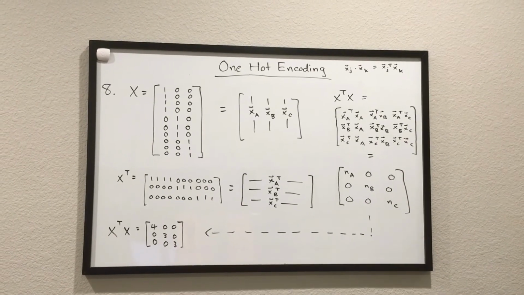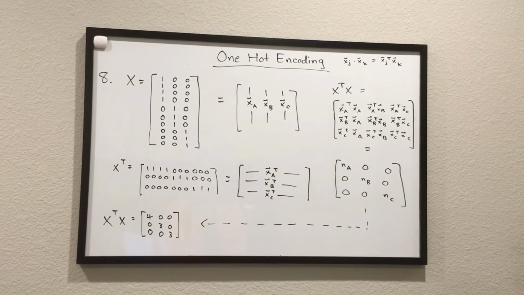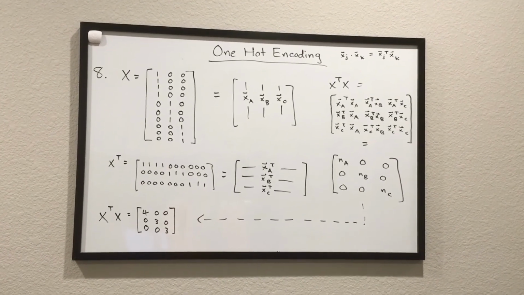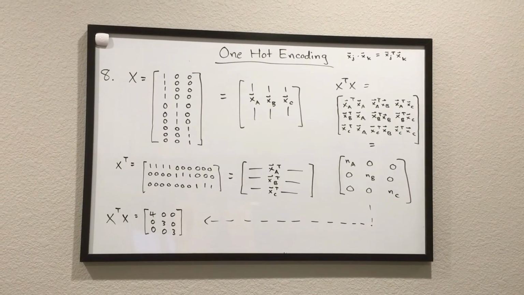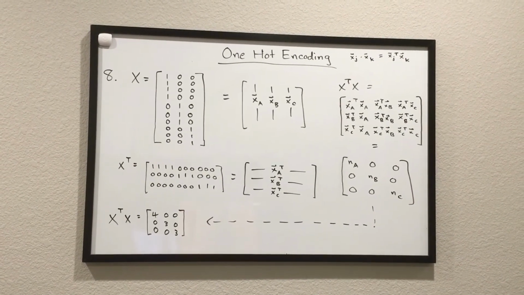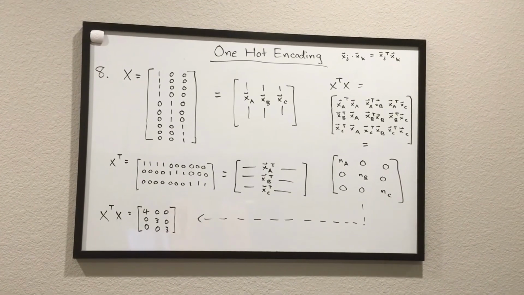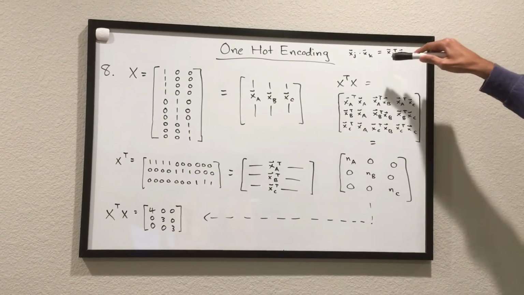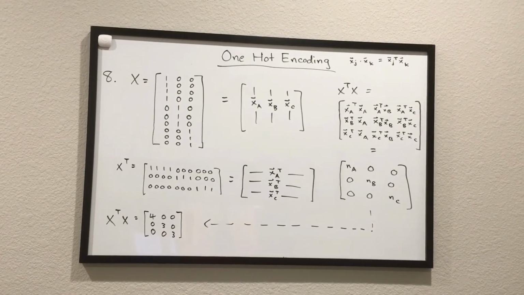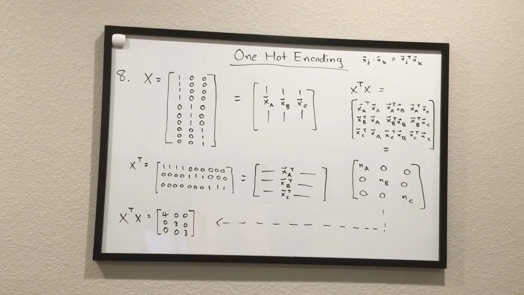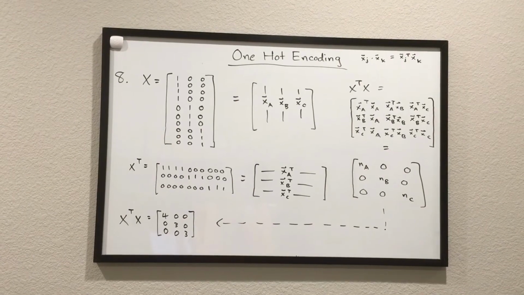Here, I've written out the result of the matrix product X transpose X by looking at each of the individual column vectors. Well, this looks like a total mess, but remember what we proved before. We proved that the dot product of x sub j and x sub k is 0 for all j that is not equal to k.